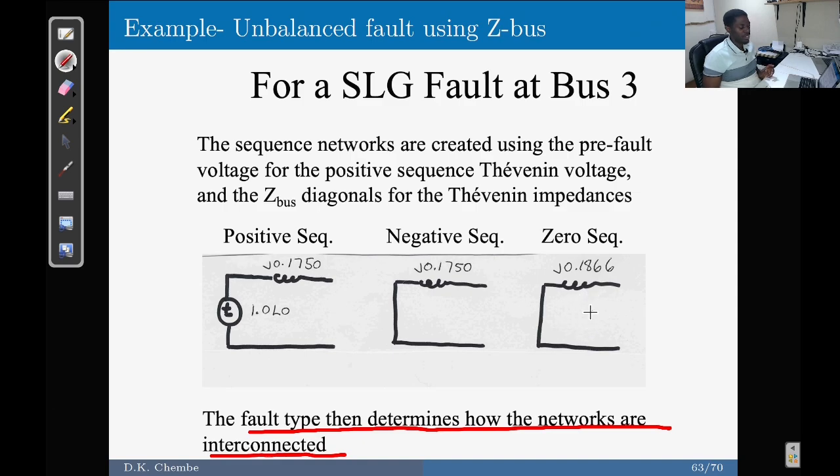The zero sequence is decoupled. If it's the double line to ground fault, you connect these in parallel and in series to this network, and then you add the fault impedance in the circuit.